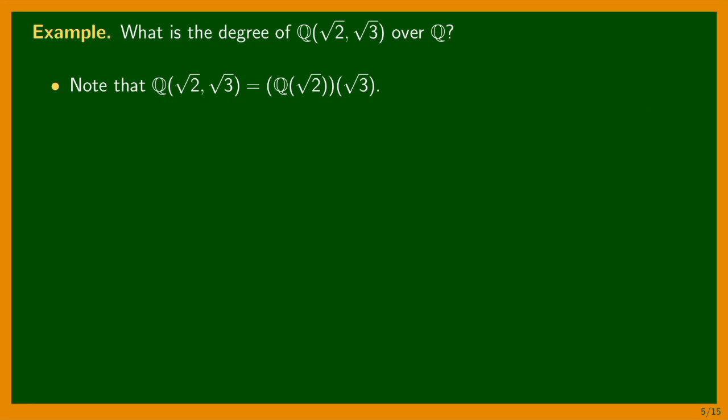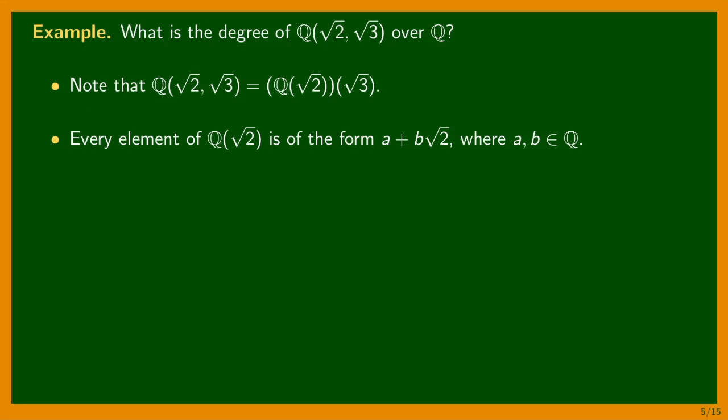Naintindihan ninyo? Parang in-extend natin si Q into here. Ito ngayon yung gagawin ng paanan. Ito ang i-extend mo ngayon to contain the element square root of 3. Pero alam ninyo na ang mga elements nito, kasi ang square root of 2, ang minimal polynomial niyan ay degree 2, diba? X squared minus 2. Kaya, ganyan ang itsura ng mga elements.